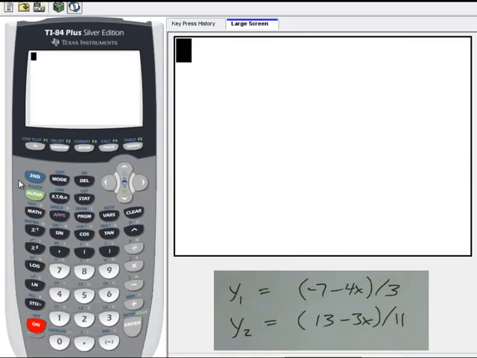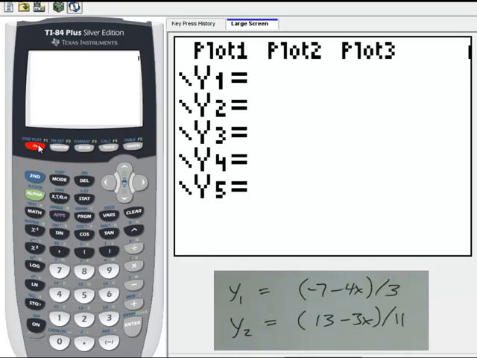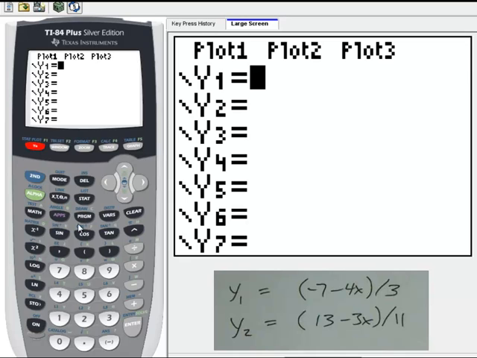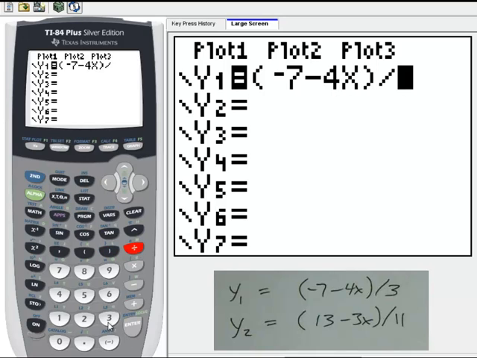Okay, at the calculator, let's go to that Y= edit screen. And y1, we've got a parenthesis. Now, careful here. There's the negative sign in front of the 7. It's followed by the subtraction sign, 4x, parenthesis, divided by 3.